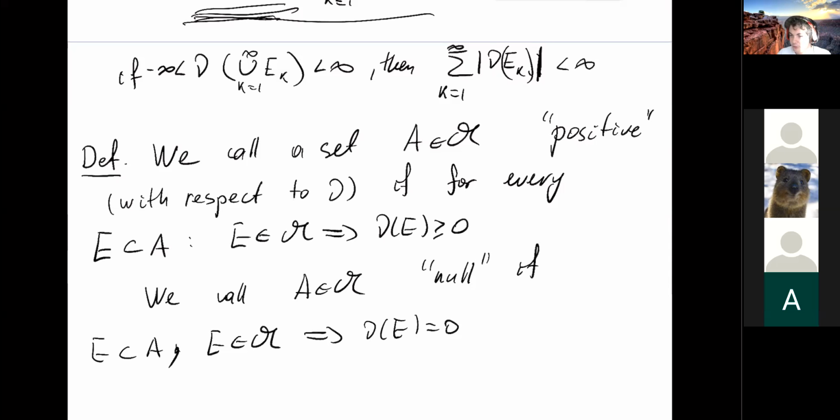Okay, and I need to finish, but why do we need this? Because we're going to prove, so our first goal is to prove the following, that if we have a signed measure, if we have such a nu, then we can split X into two parts, and one part will be a positive set and another part will be a negative set.